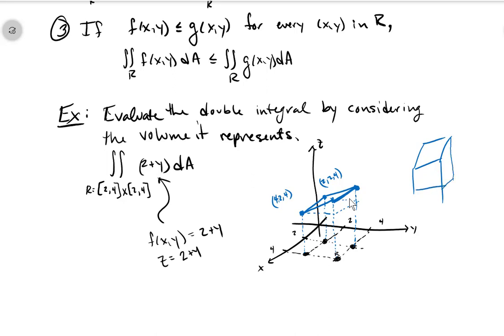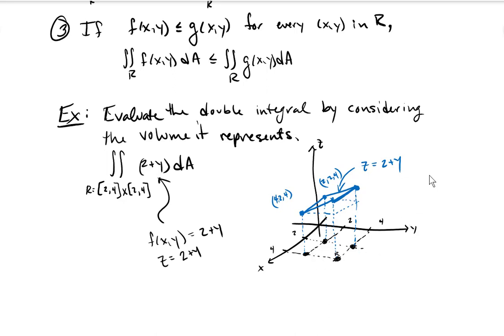I think we can visualize it much better from here, actually. But this is roughly what we're talking about. This surface that kind of tops this box, this prism, that is z equals 2 plus y. So we're finding the volume beneath that surface, but above this rectangle R.